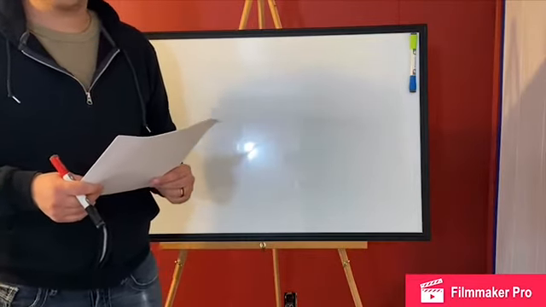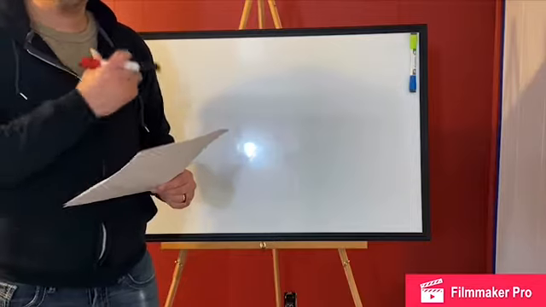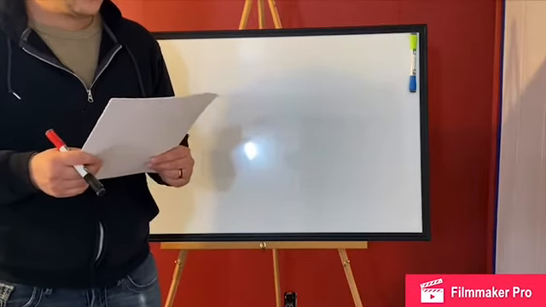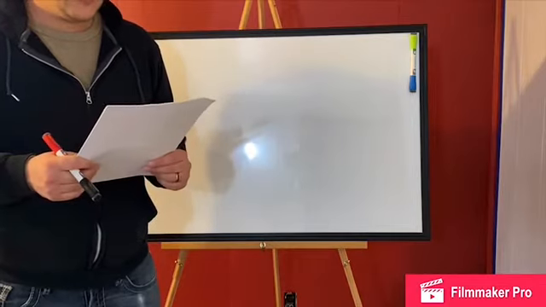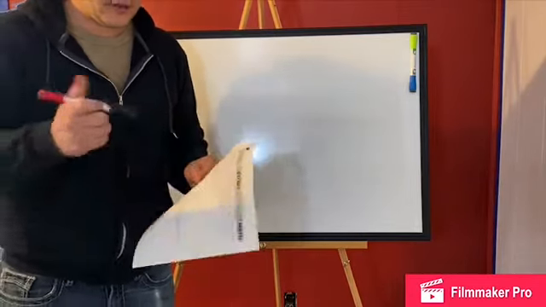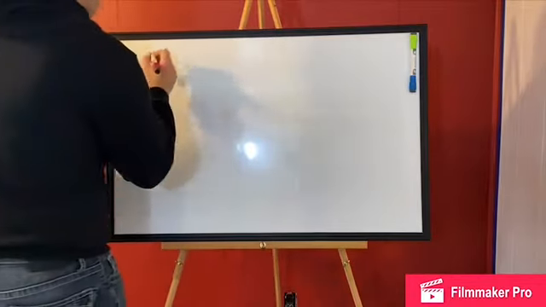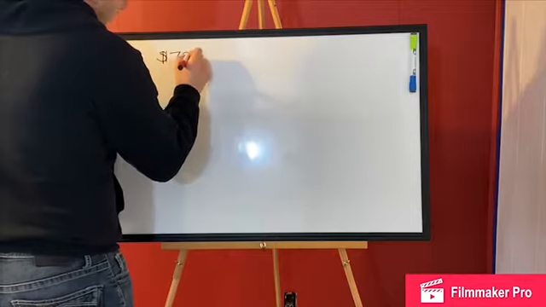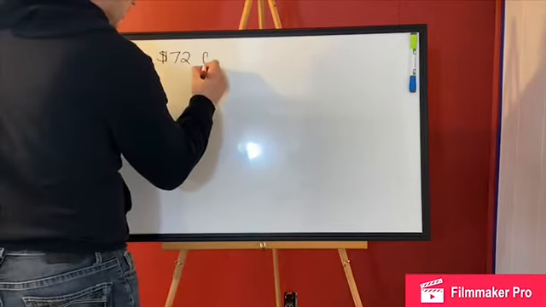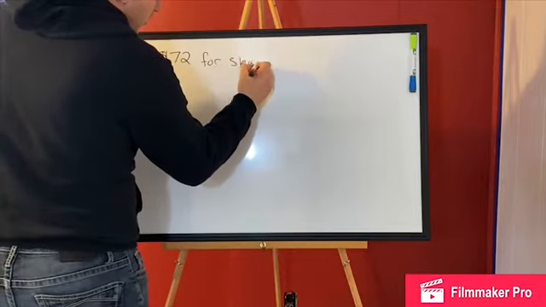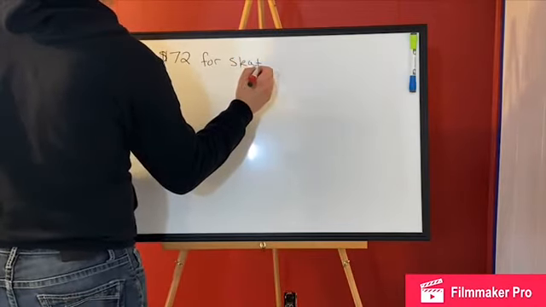I will read it aloud. You can follow along or watch after I've explained it and written it out. Corey needs to earn $72 to enter a skateboarding competition. So let's write that down. So she's gonna need $72 for skateboarding.